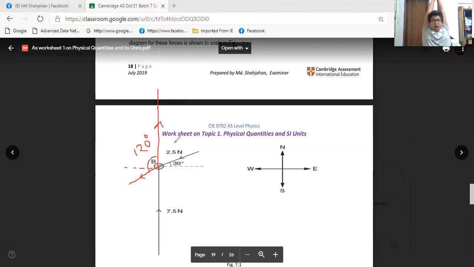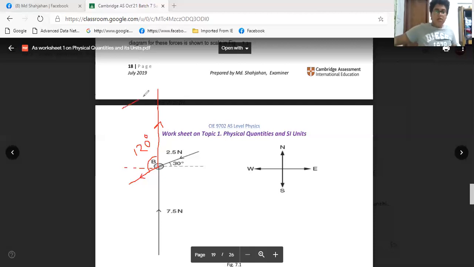Now the work is done. You see, we have the two forces. Now we can use the parallelogram rule here, isn't it? The forces are working in a way that we can complete the parallelogram, and the diagonal of the parallelogram is showing you the resultant, isn't it?